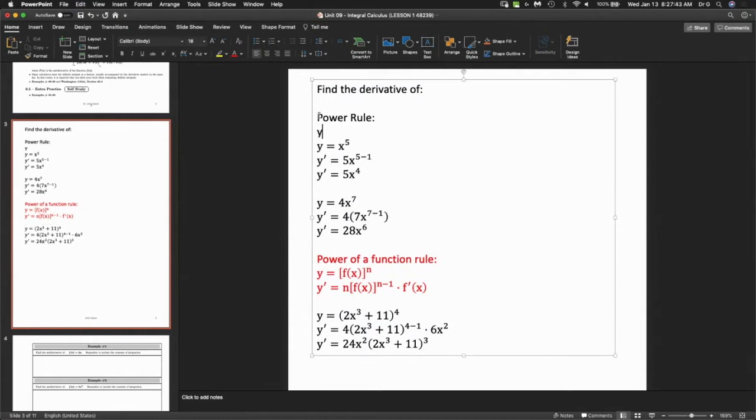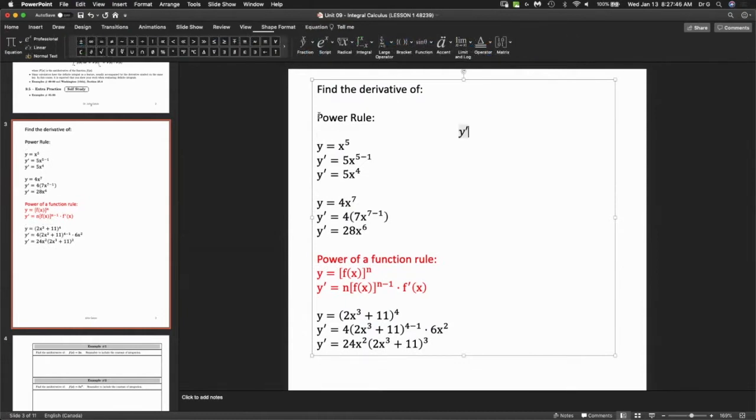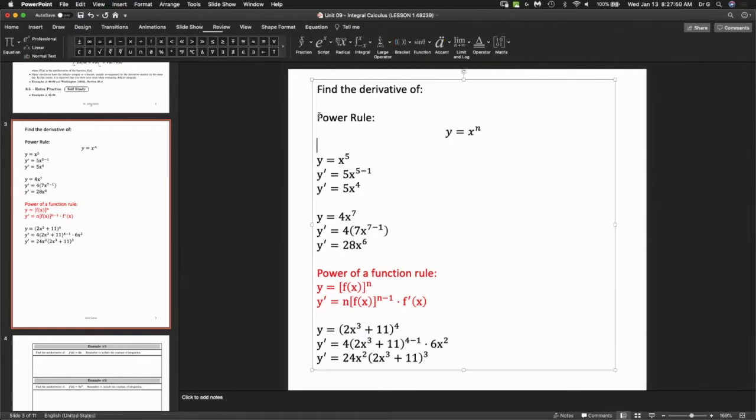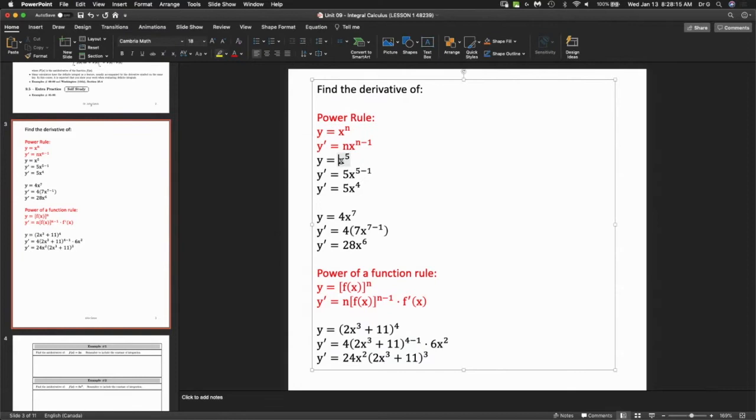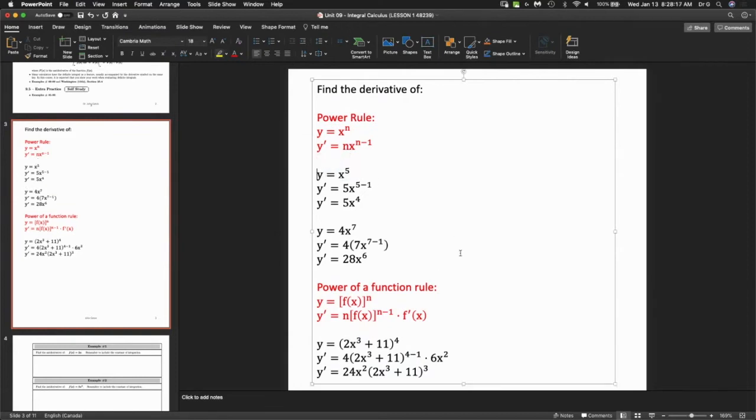So the power rule, remember, is y equals x to the n, and the derivative is nx to the n minus 1.